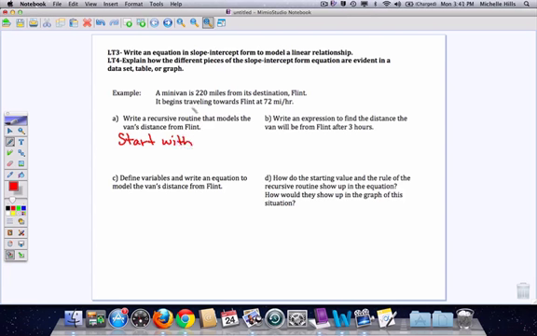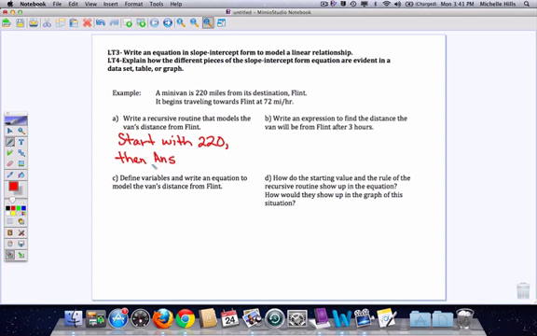Well, it wants distance from Flint. It says it starts 220 miles from Flint. So start with 220, then we're going to put ANS because that's the way the recursive routines work on your calculator. Now, are you taking the previous number and adding something to it?